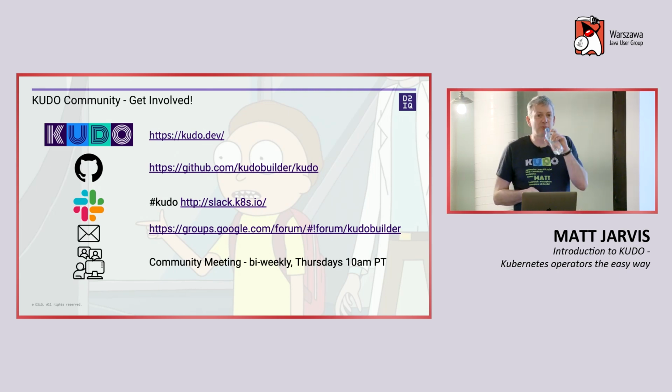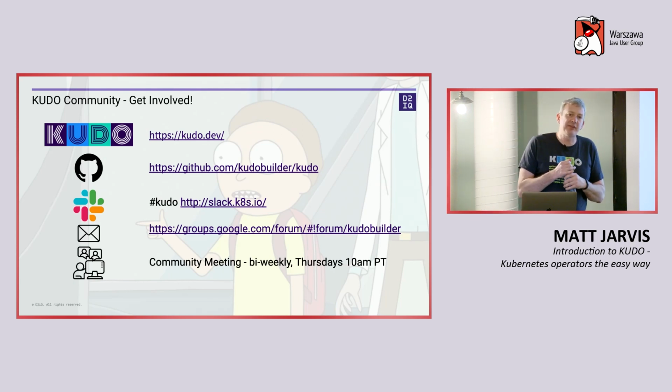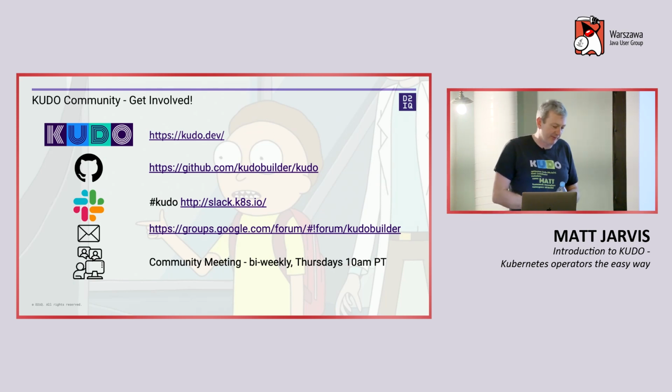Can I somehow use KUDO and other operators that are already there and mix them, to make both tools work with each other? Yeah, so that's another interesting point that there's work going on in the KUDO community around.